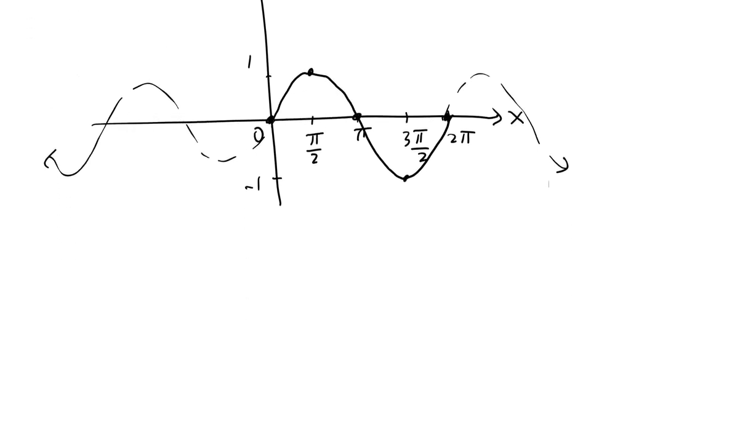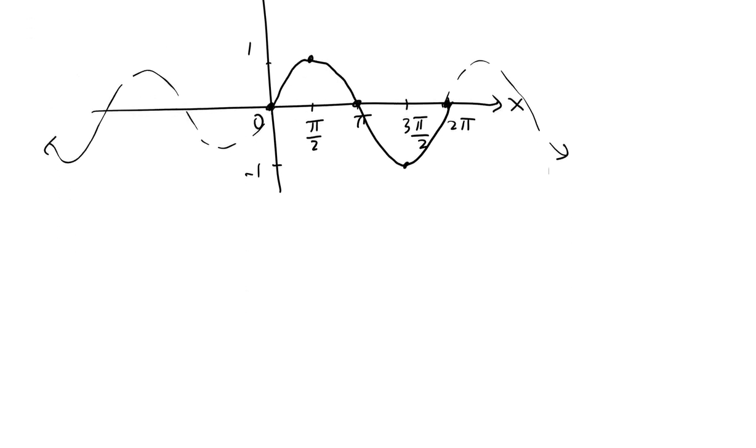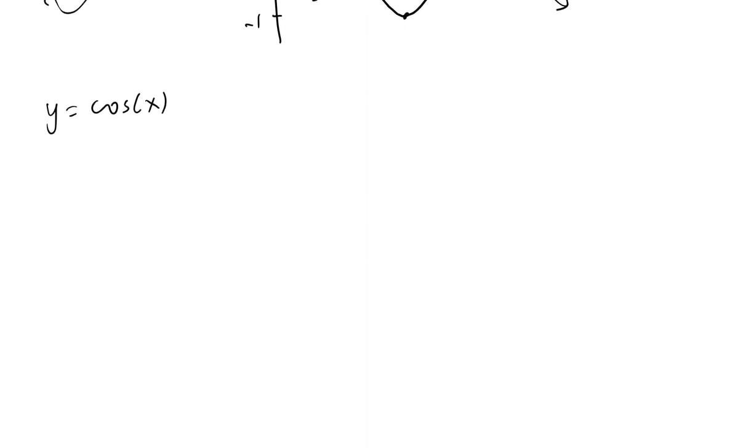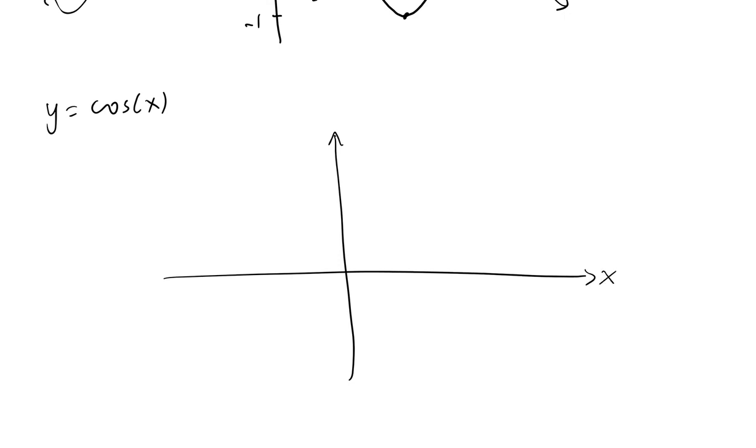We do the same for cosine. So cosine starts not exactly at 0, 0, but I start at 0, 1. So y equals cosine x. Zero, 1. And again, it's over 2 pi.